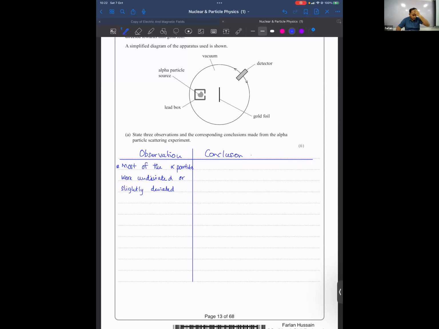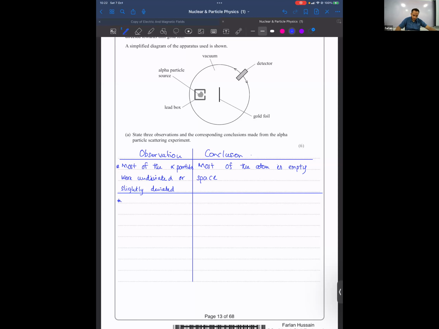Most of the alpha particles were undeviated or slightly deviated. Okay. So the conclusion based on that: most of the atom is empty space.